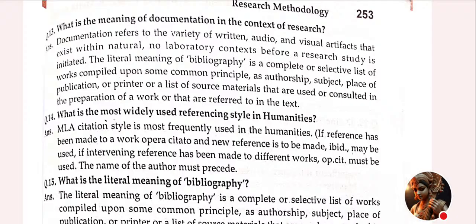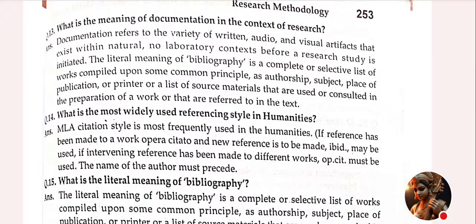The literal meaning of bibliography is a complete or selective list of works compiled upon some common principle, as authorship, subject, place of publication, or printer, or a list of source materials that are used or consulted in the preparation of a work or that are referred to in the text.